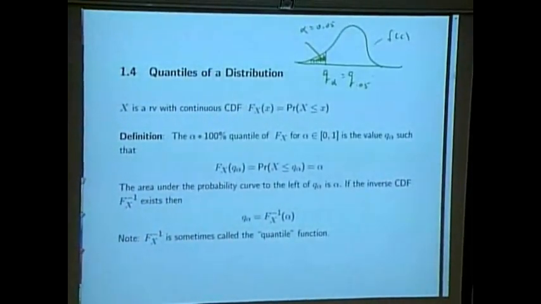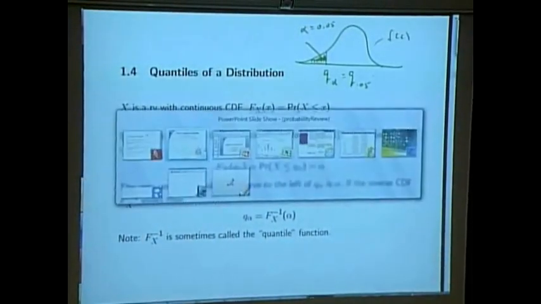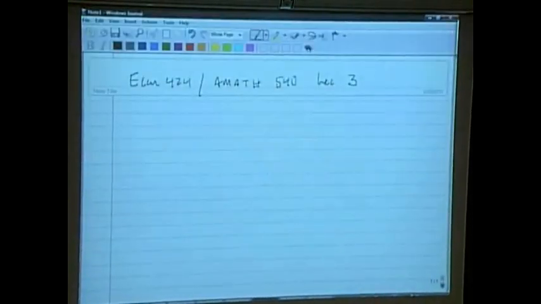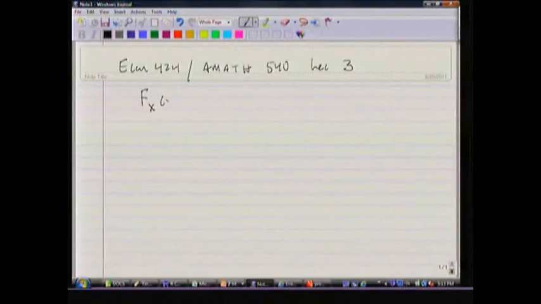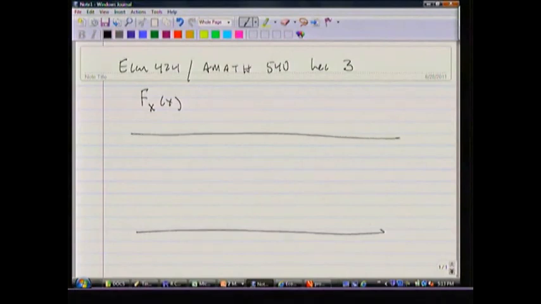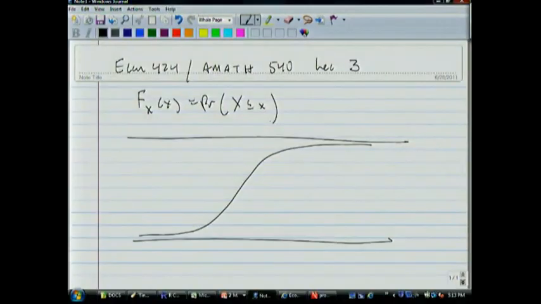Now, with the continuous random variable, let's think of F_X of x. The cumulative distribution function looks like this, and so x is over here. So here's minus infinity, here's infinity over here.